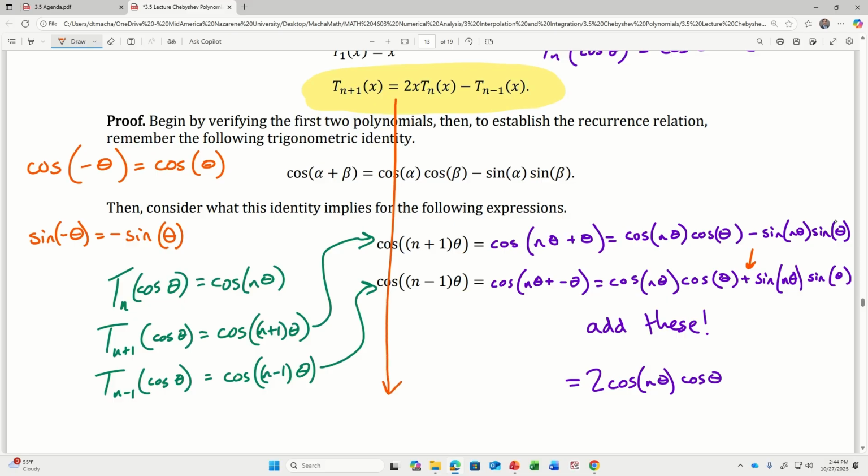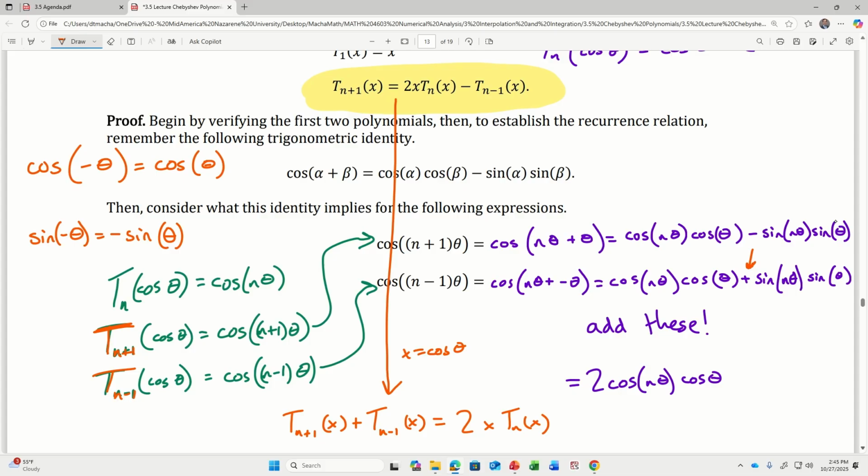On the left side of the equation, I've got this Tn plus 1, which is this first bit. X is cosine theta, right? And then on the right side of the equation, I've got this minus Tn minus 1. Let's make that plus Tn minus 1. And then the right side would be 2x Tn of x. And what I just did is I just added Tn plus 1 and Tn minus 1 together.